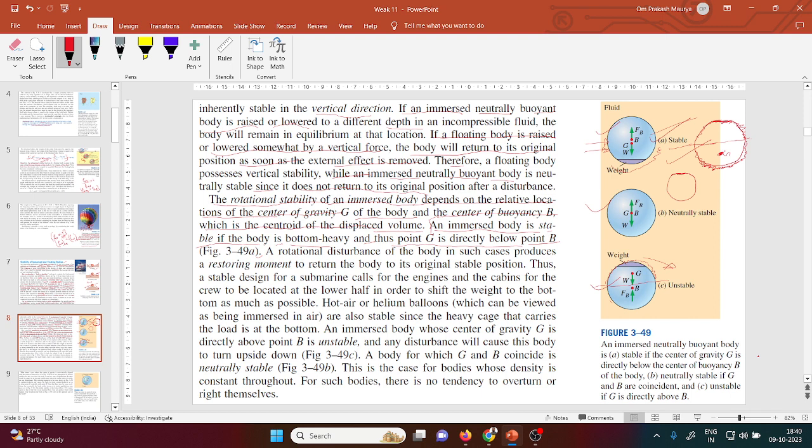In the case of a submerged body, like when you are going to design a submarine, a submarine is always in the submerged condition. So for stability of the submarine, you will keep your center of gravity always below the center of buoyancy. So the body will be stable automatically.